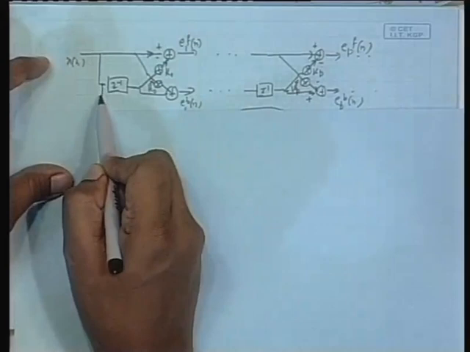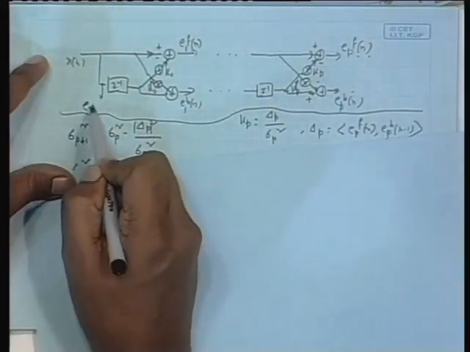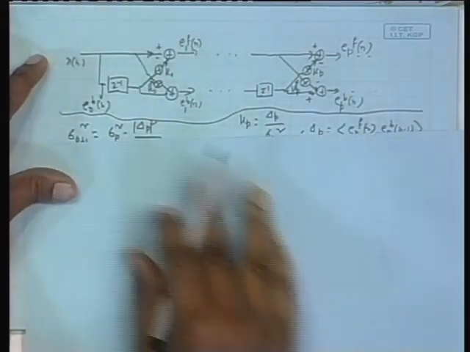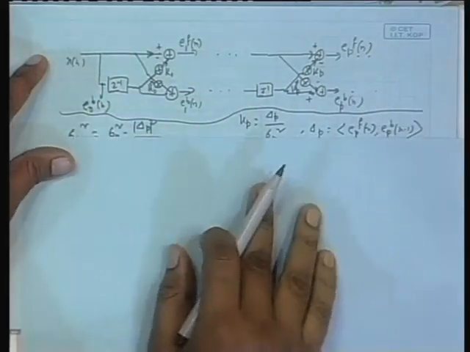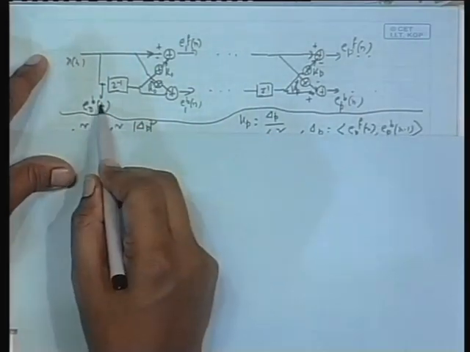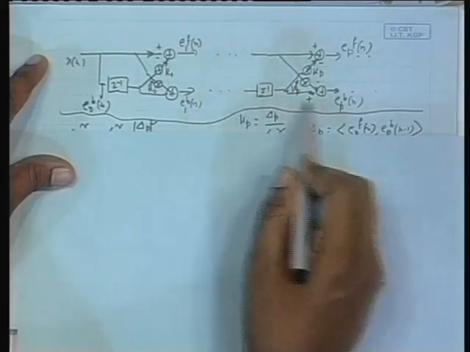The signal here, which also is named E 0 B n, 0th order E 0 B n is same as x n. Suppose I consider this sequence E 0 B n, E 1 B n, E 2 B n up to E p B n, say.